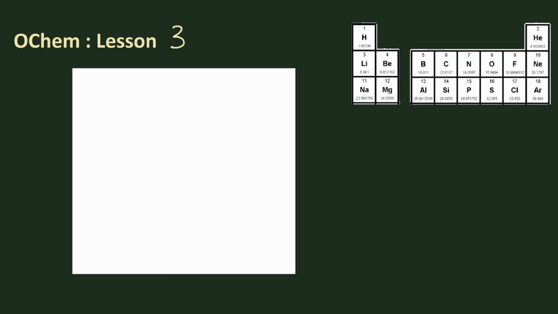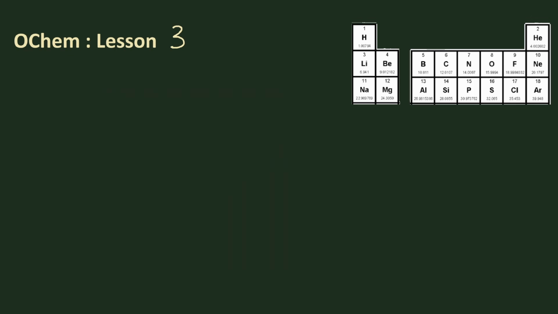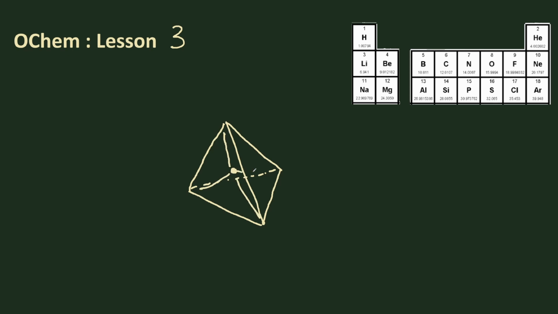It's a 3-dimensional system, and in 3 dimensions, the 4 points that are closest to something but farthest away from each other is a tetrahedron like this, with your center connecting them like this. 1, 2, 3, 4.